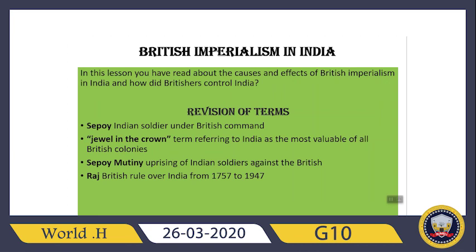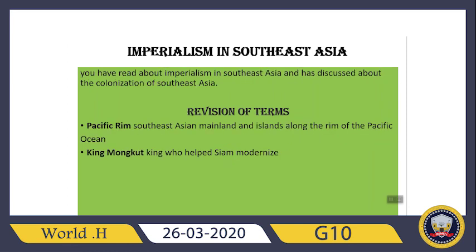Then we have Sepoy Mutiny, an uprising of Indian soldiers against the British, like a rebellion. And then Raj, this term is used for British rule over India from 1757 to 1947.